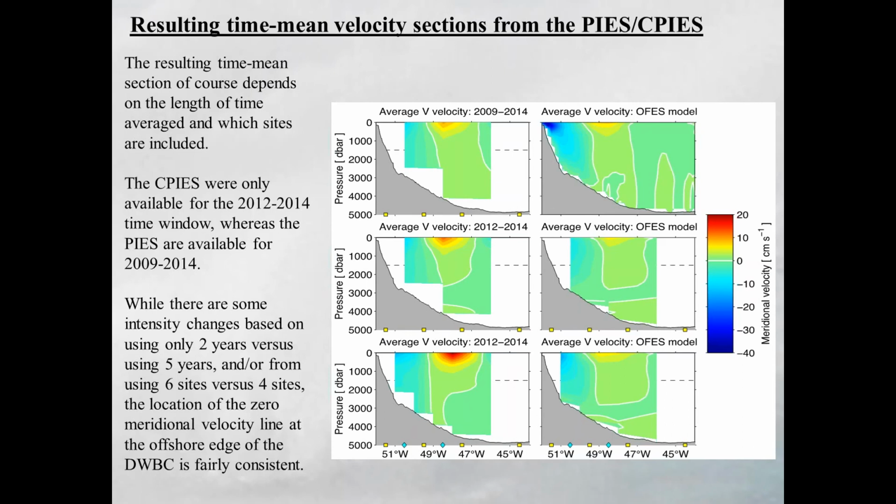The best thing, and Danny, who's here working with me this summer, is kind of leading this, is the lowered ADCP sections that we're going to have going forward, which will probably give us a better test on whether this mean is a good thing or not. But that's one of the reasons why the focus of this study has to be on the time variability, not so much on the time mean.